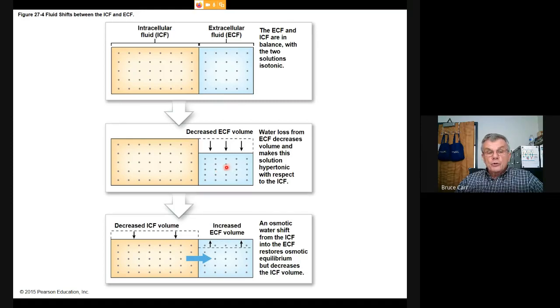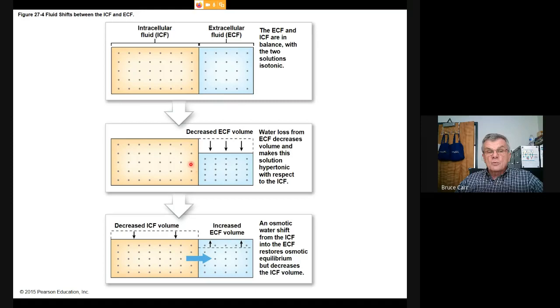That will produce an osmotic movement because the solutes are lower in concentration over here. That means the water is higher on the intracellular side, and the solutes are more packed together here on the extracellular side. That means the water concentration is lower, so osmosis moves things from left to right.